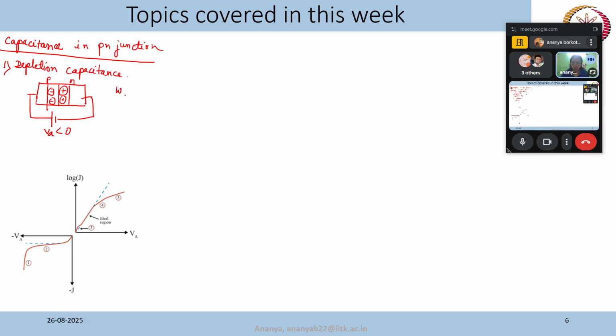So W depletion when VA is equal to 0 will be less than W depletion when there is an applied reverse bias voltage, right? So the depletion width is changing, which means our overall charge is changing, and because C equals dQ by dV, we are getting a capacitance.